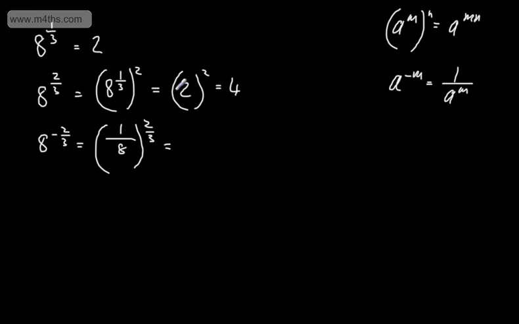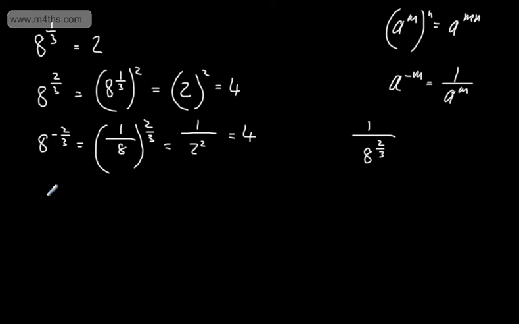So I end up with the situation here of where I have 1 over 2 squared, which is going to give me 1/4. If you like, you could have written that now as 1 over 8 to the power of 2/3, and then simply applied this rule right here. 1 to any power is always going to be 1.